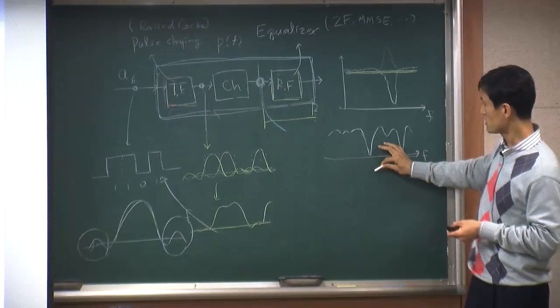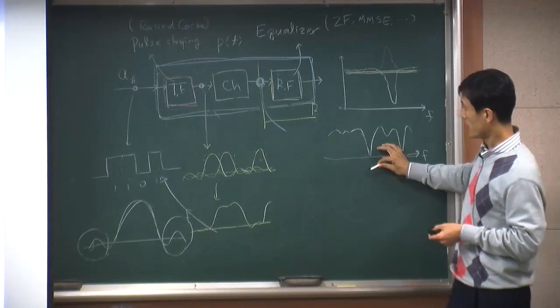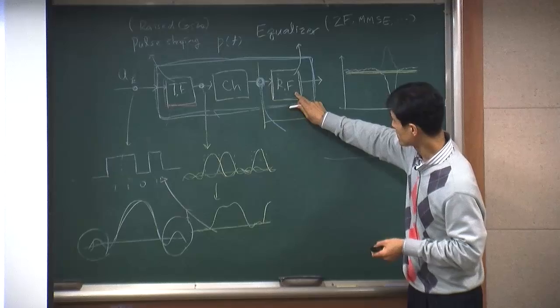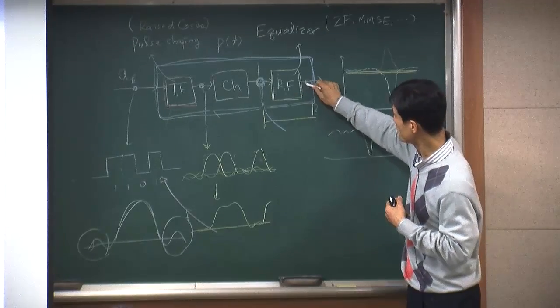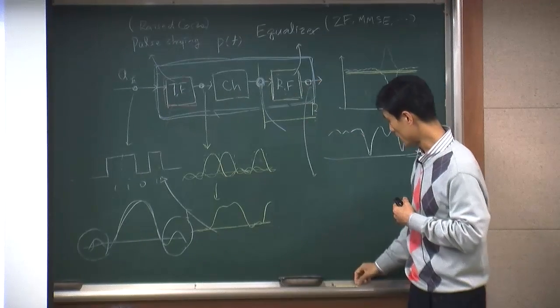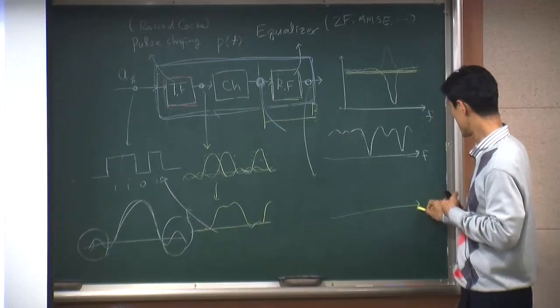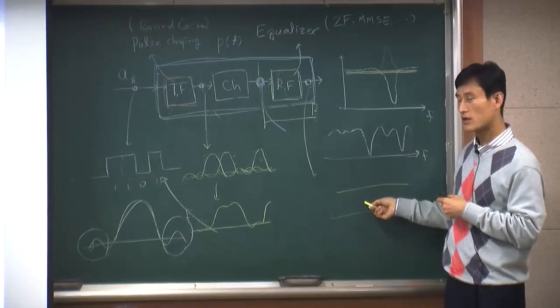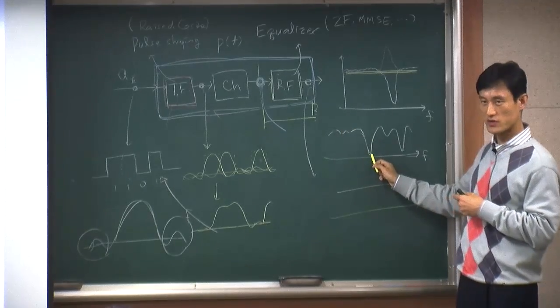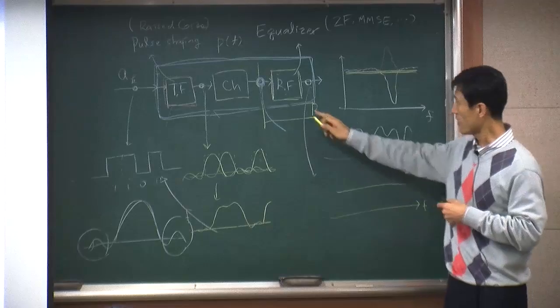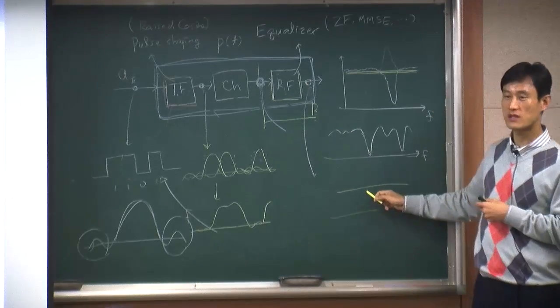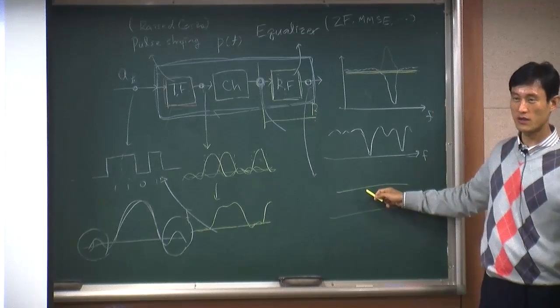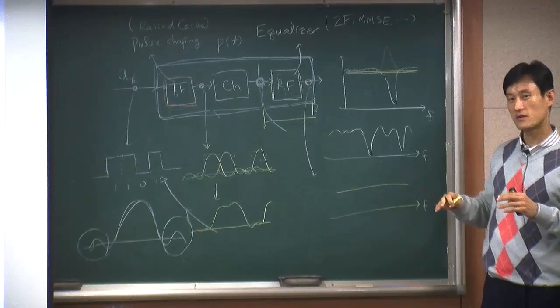When you put this kind of frequency response into the equalizer, the output we want is equal. This is the input transfer function in frequency domain, and after the equalizer, we want this output equal for all of the frequency.